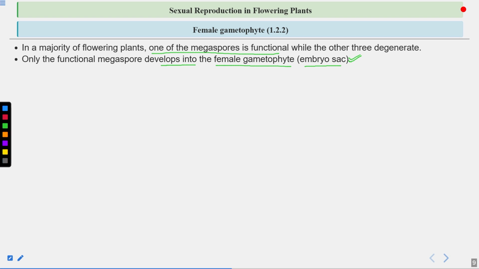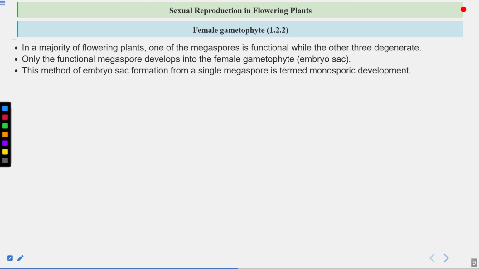Very good. This method of embryo sac formation from a single megaspore is termed monosporic development, because only one of the megaspores is involved in the development of the embryo sac.